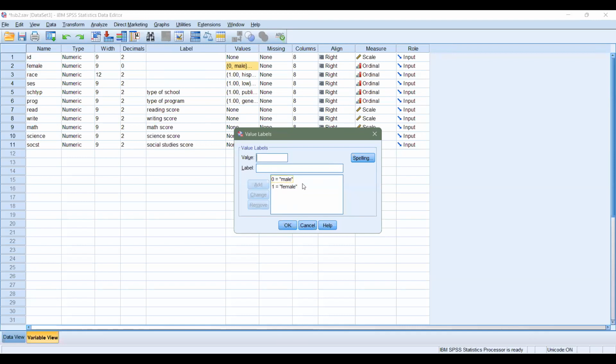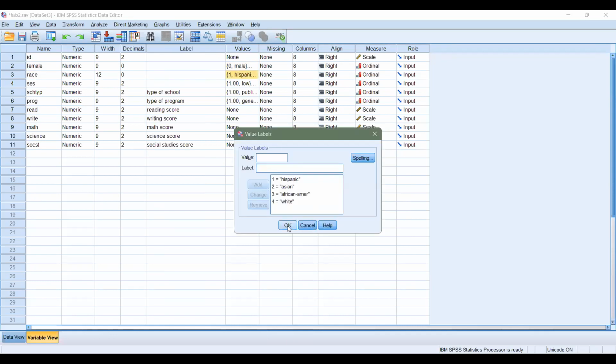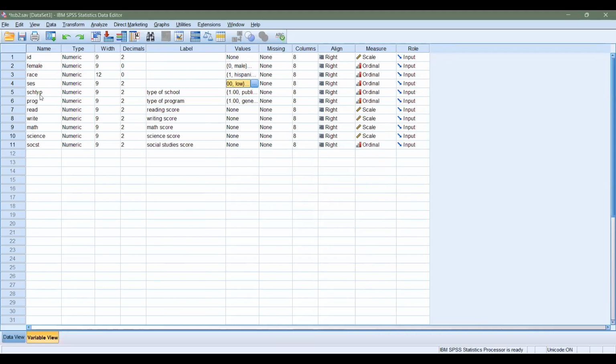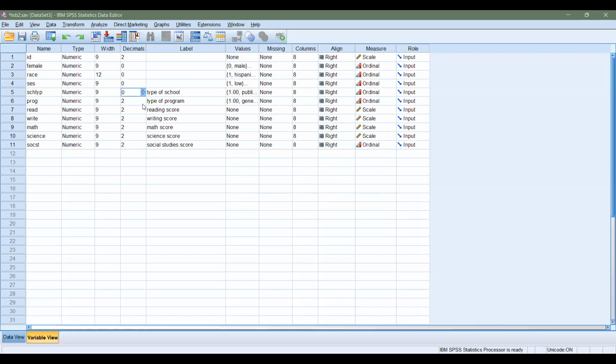This is a nominal variable. You can define any type; I have defined one for female and 0 for male. Then we have race. I don't know why it has decimal points. Then we have socioeconomic status: low, middle, and high. And we have type of school, whether a student is studying in a public or private school. And then we have program, in which program they are studying.